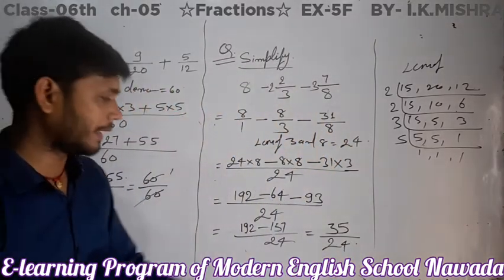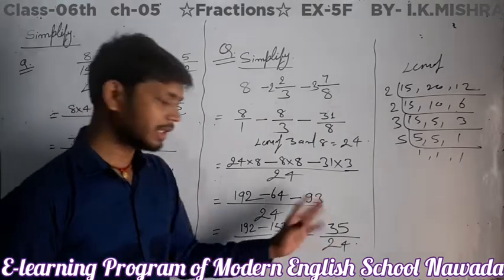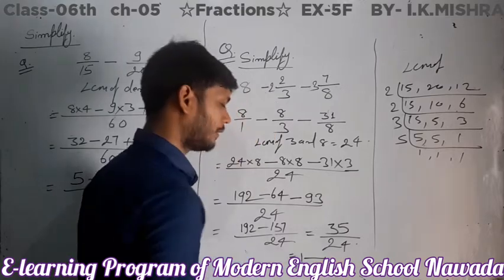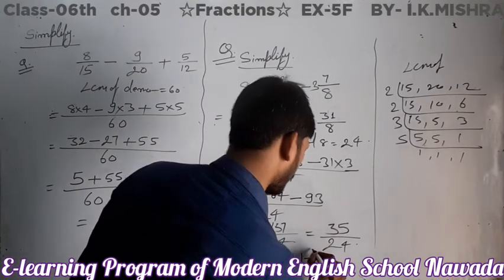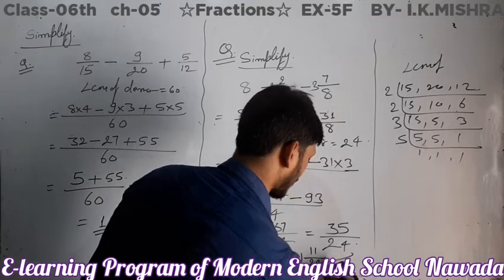Friends, it's in its simplest form, but you can write it as a mixed fraction, minus 2 13 by 24.